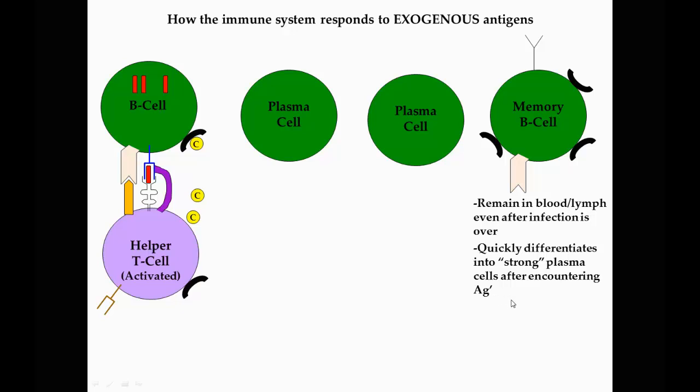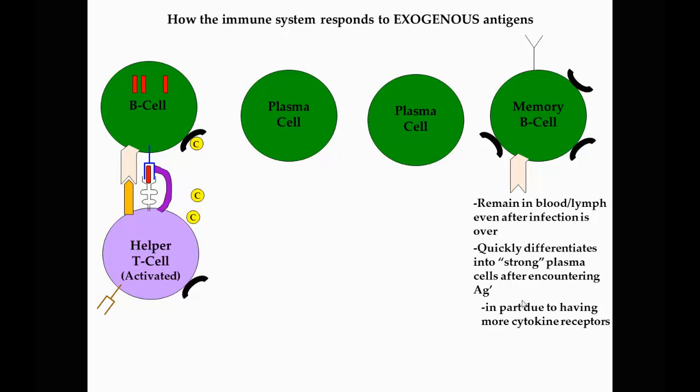The reason why memory B cells can so swiftly differentiate into antibody-producing factories is because they've essentially fine-tuned their hearing by increasing the number of cytokine receptors that are found on the surface of the B cell. This allows them to be more responsive and also more sensitive to the cytokine cascades that are being released by the cells that initially encounter a pathogen.